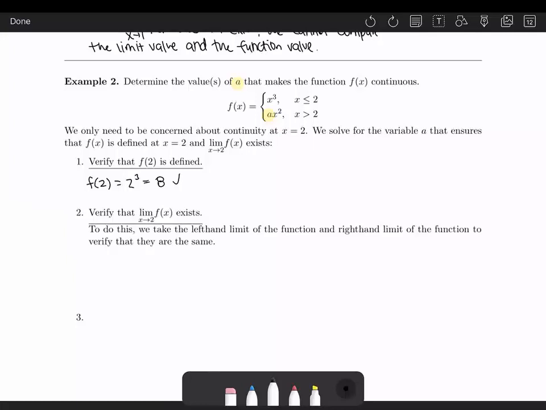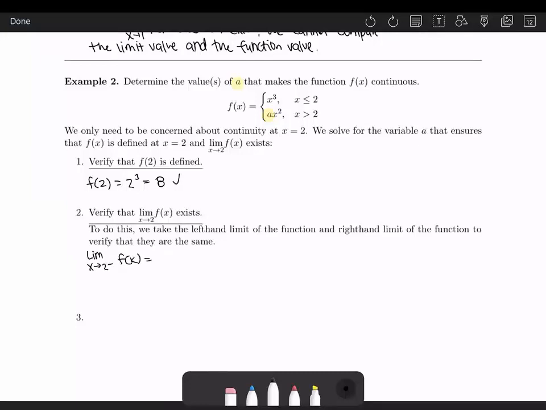That is defined. Next, we verify that the limit exists. Because our function is defined differently when we're greater than and less than 2, we take the left-hand limit and the right-hand limit and verify that those are the same. First, the left-hand limit: the limit as x goes to 2 from the left, because the left is less than 2, of f of x.